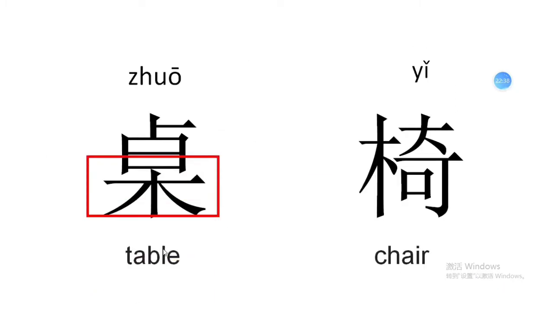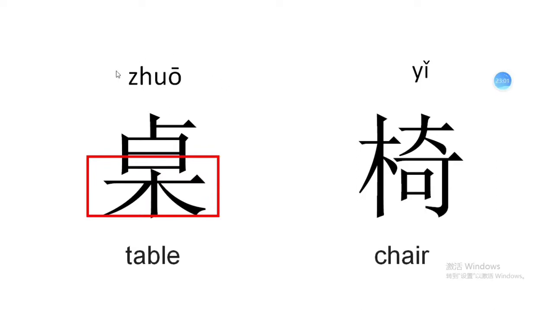You see here, this is the character we just talked about is mu, means tree, right? Means tree. This is a tree in the lower part. So here, 桌 means table. So we borrowed meaning from tree because when we make a table, we need tree, right? We need tree.